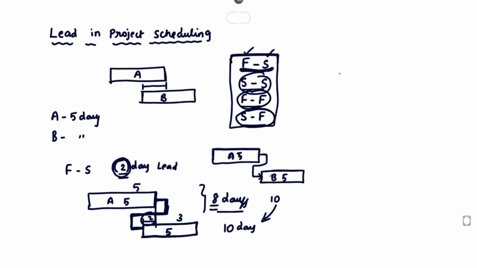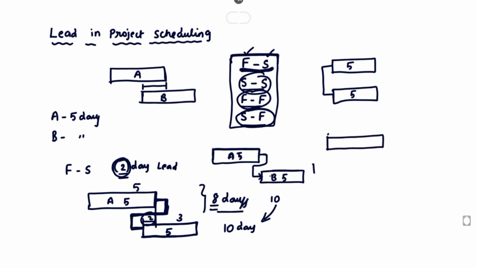For example, we can take start to start. Whenever two activities are started concurrently, this is 5 days and this is also 5 days, so the two activities will be started at the same time. If there is a 2 days lead time, the B activity will be started earlier than the A activity, 2 days earlier than A. So start to start, but with 2 days of earlier time.